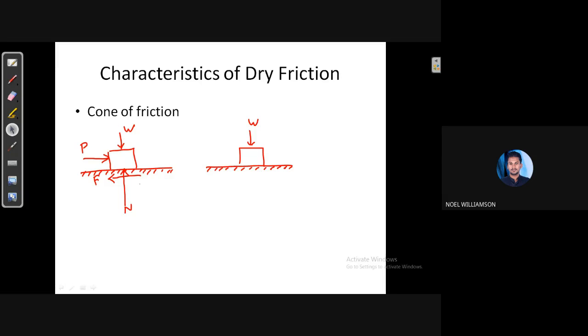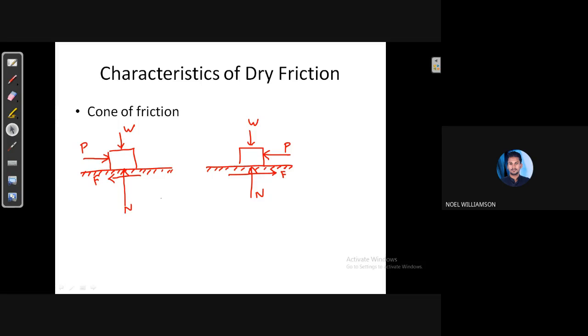Okay, now in this case, second case, if the applied force P is acting in this particular direction, then the normal is always in this particular direction, and the friction which is opposite to the direction of the applied force will be in this particular direction.